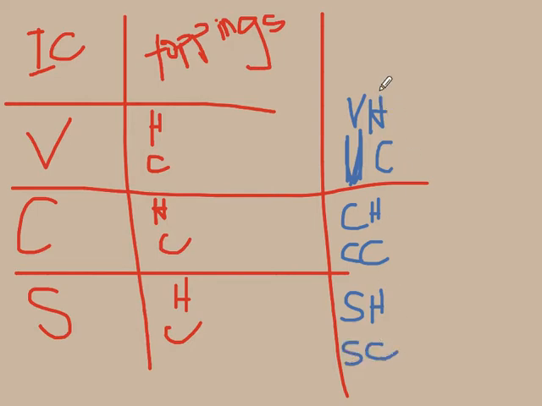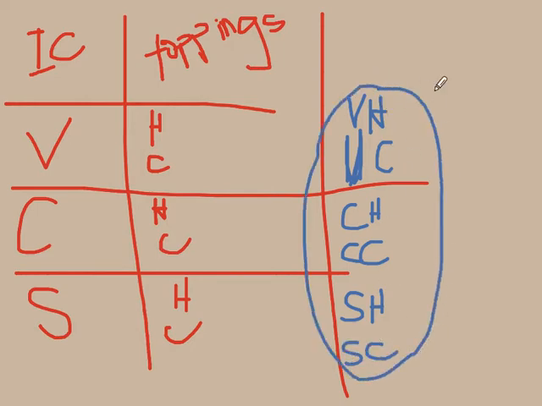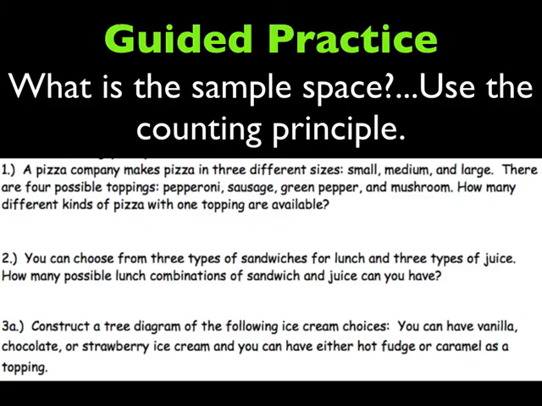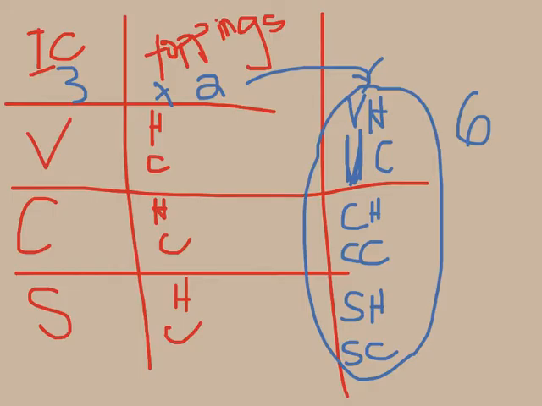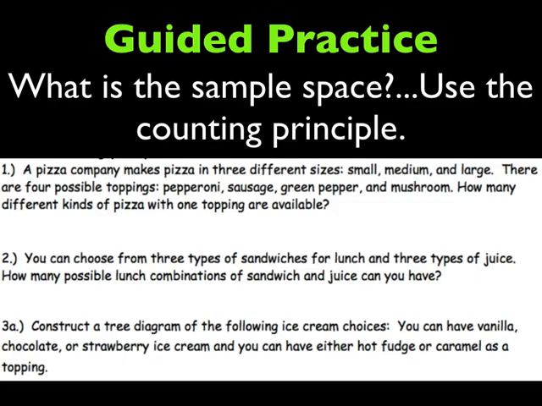If you will see, there are six possible combinations, and that means we have 3 times 2 here. These are the specific combinations, but still we have 6 possible combinations of ice cream and toppings. Okay, let me clear that one first, and let's go back to our presentation.